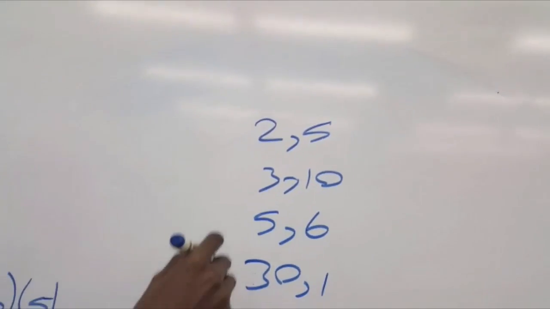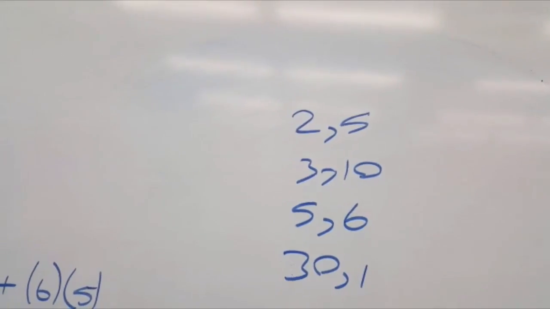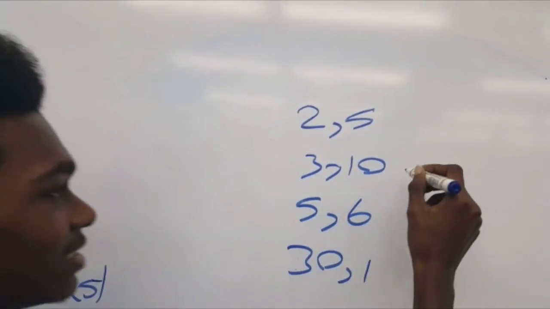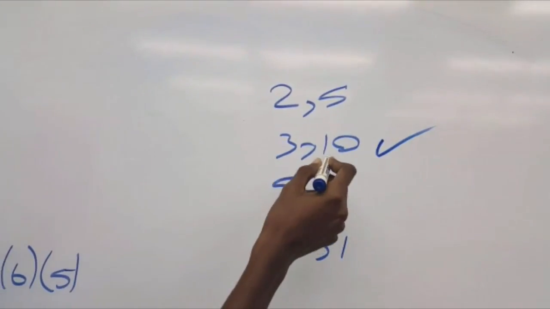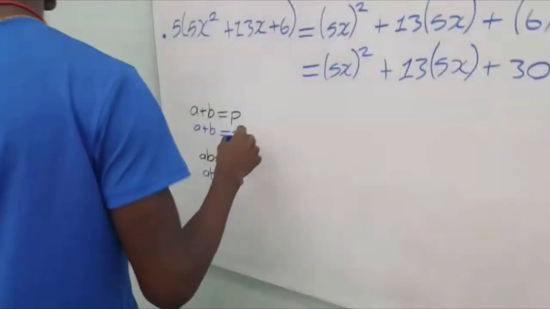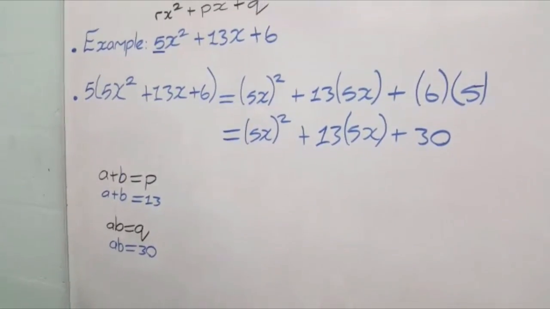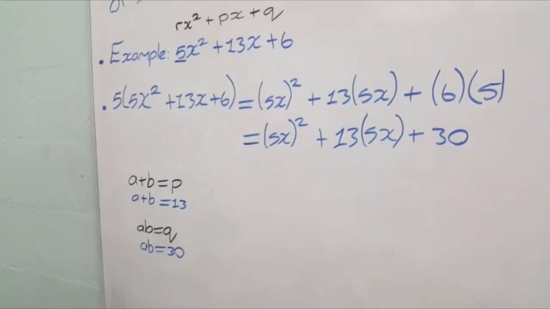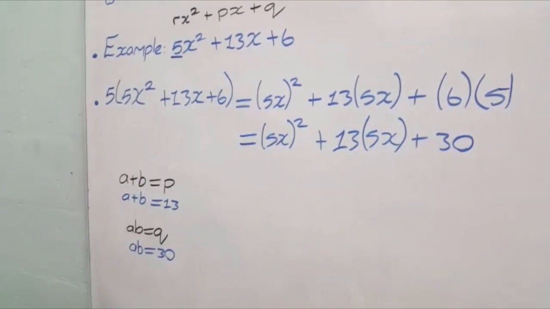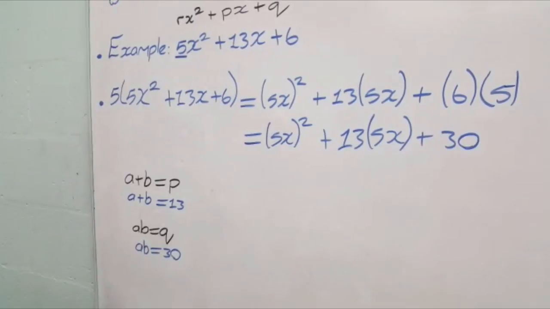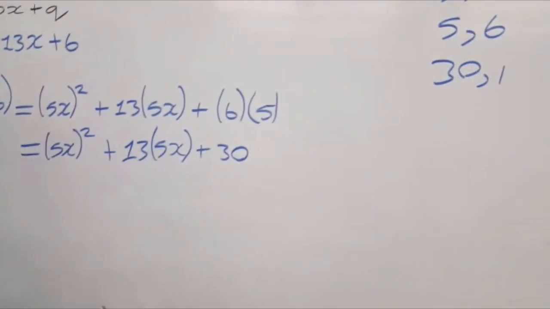Now out of the four sets of factors, we'll choose the second, seeing that when added it will give a sum of 13. So now we use 3 and 10 and write them in the factorized form, since they are the only pair that will give the sum of 13. Now let's set the factorized form.